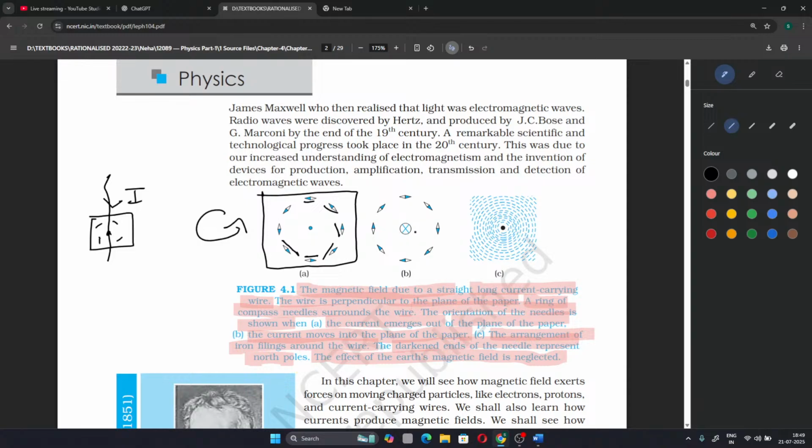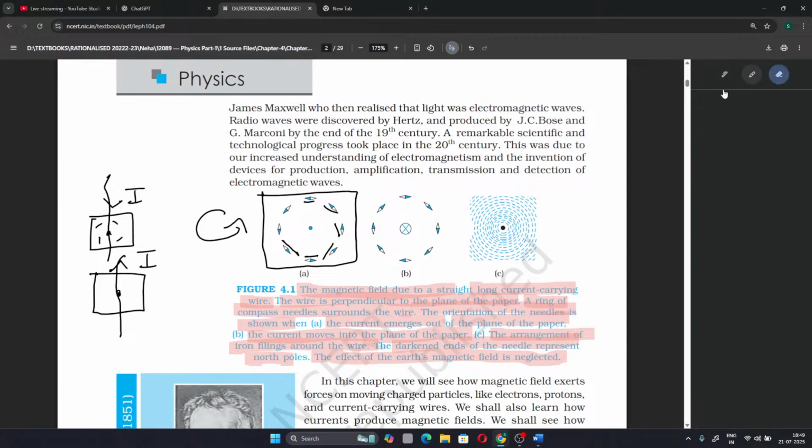And in the other case, the direction of current is reversed. Wait, it seems I have said reverse.